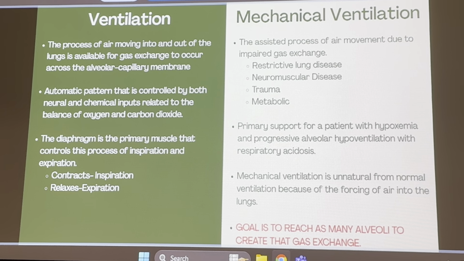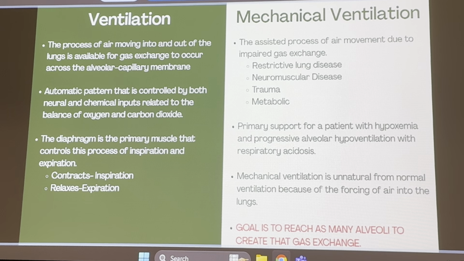If they're not open and they're stuck and kind of sticky together, they're atelectasis that have damage to those alveoli, we can't use those alveoli for gas exchange. So we have to recruit more. And that's when we're going to talk about different vent changes, vent settings, to recruit more of those alveoli and hopefully create some better gas exchange from there.